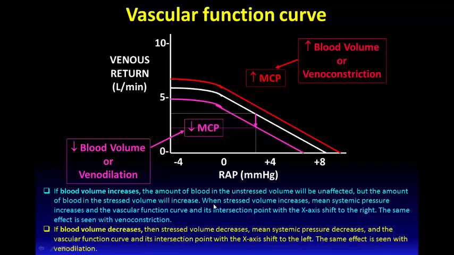Thus, if the blood volume decreases, the stressed volume decreases, and the mean circulatory pressure decreases, and the vascular function curve, the venous return curve, and its intersection point with the x-axis shift to the left. The same effect is seen when the veins undergo venodilatation and the venous capacity increases.